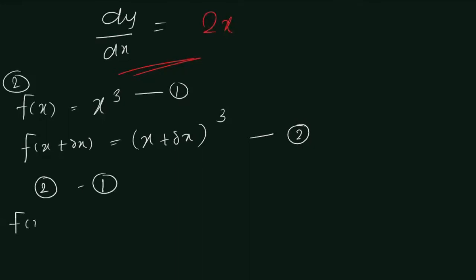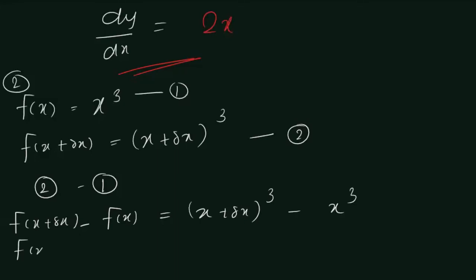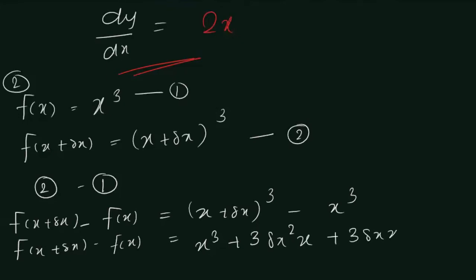So it is going to be f(x + Δx) minus f(x) is equal to (x + Δx) cube minus x cube. So what is this going to be? f(x + Δx) minus f(x) is equal to, you have to expand this: x cube plus 3Δx squared x plus 3Δx x squared plus Δx cube minus x cube.